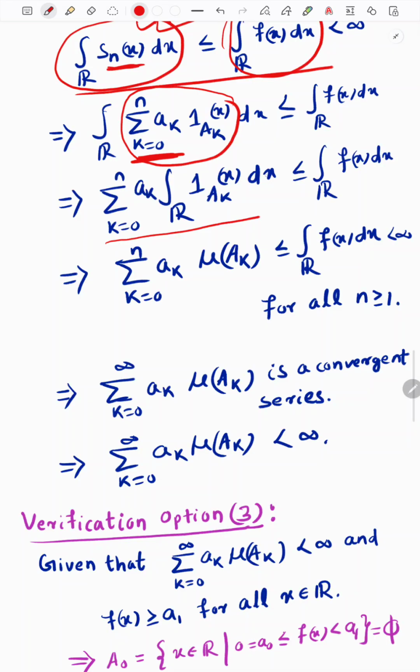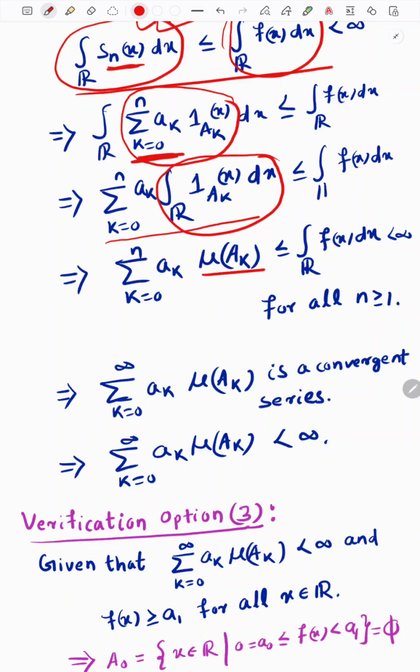And this indicator, if you integrate this indicator function, this is nothing but the measure of A_k. Why? Because this integration can be written in this way: integral over R intersection A_k of 1 dx, and this gives nothing but A_k, so it gives the measure of A_k.